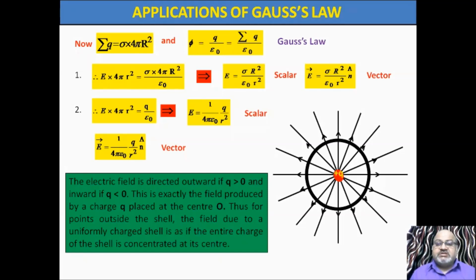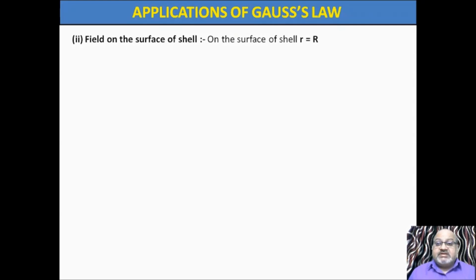And students, this question is always very important from examination point of view. Now let us understand the field on the surface. If we wish to calculate the field on the surface of the spherical shell, at the point which lies on the surface of the spherical shell, small r becomes equal to capital R. In first case, we have this expression.